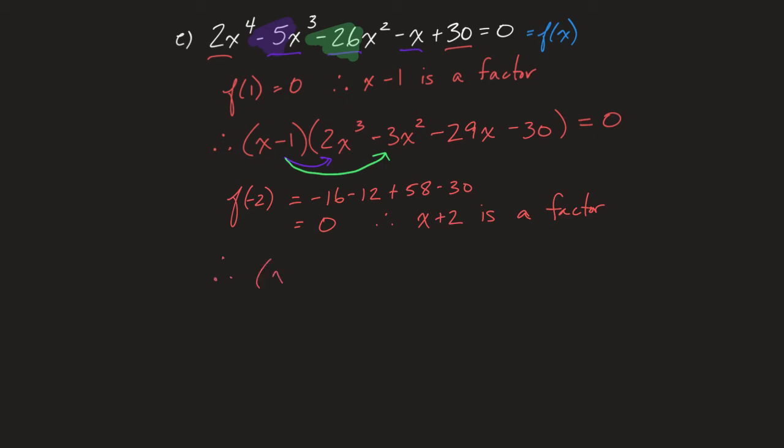So I have the x minus 1 original factor, my x plus 2 factor that I just found, and now I'm trying to work backwards, and I'm trying to get back to that cubic that I just identified. Okay, so my leading term is going to be a 2x squared.